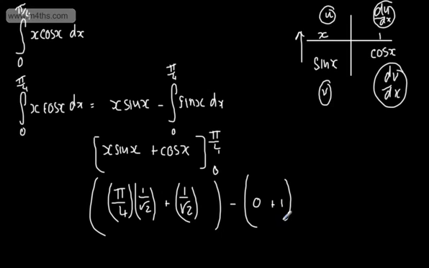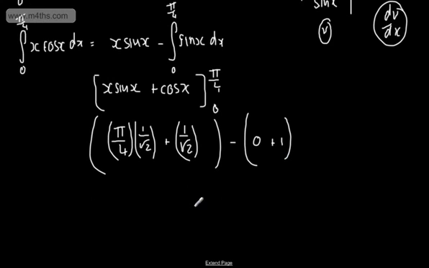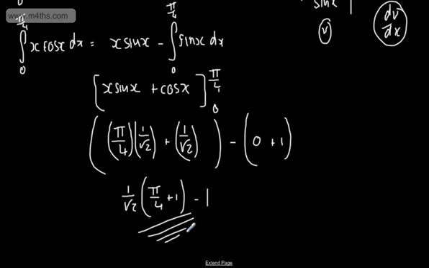Okay, so what have we got here? Let's just rationalise this. In fact, we'll take the 1 over root 2 out. We'll have 1 over root 2 times pi by 4 plus 1, and then minus 1. So whatever you can make of that in terms of making it look a bit pretty, if you want root 2 over 2, that would be perfectly fine. But that now is going to give us the exact value.